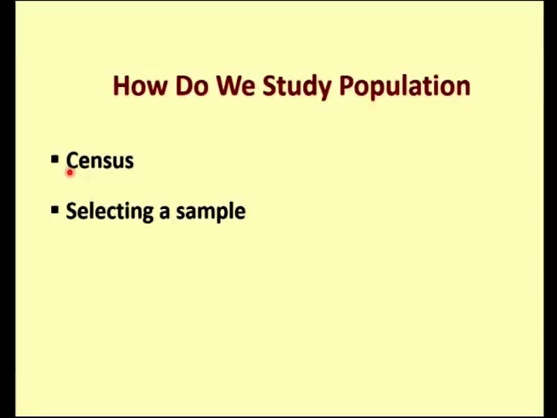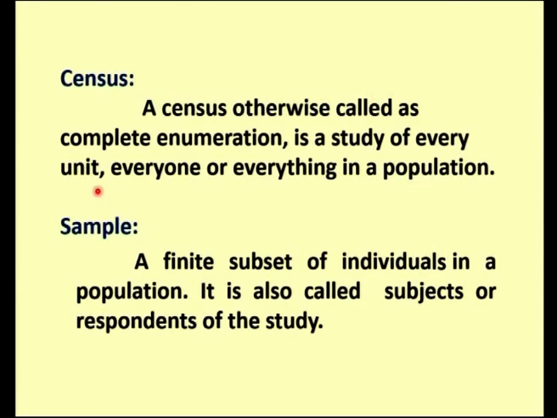And now we will see how to study about population. Generally we use two techniques or two methods to study about the population. The first method is census, the second is selecting a sample. Now, what is census? Census, otherwise called a complete enumeration, is a study of every unit, everyone or everything in a population.